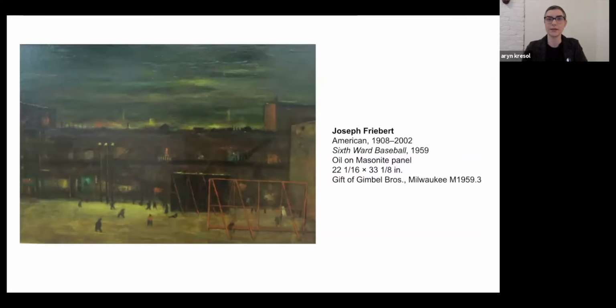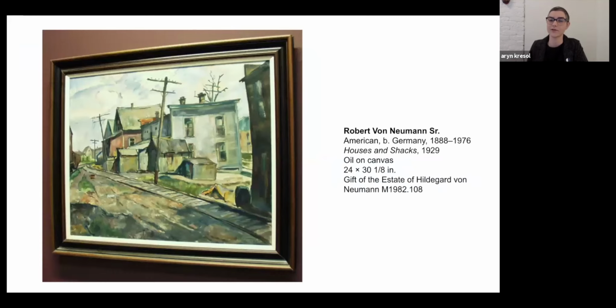At the Leighton School of Art, Freebert's instructors included Robert von Neumann Sr., whose work Houses and Shacks from 1929, which was acquired in 1982, also hangs nearby in the exhibition. And Elsa Emil Ulbricht, a well-known Milwaukee artist and educator.